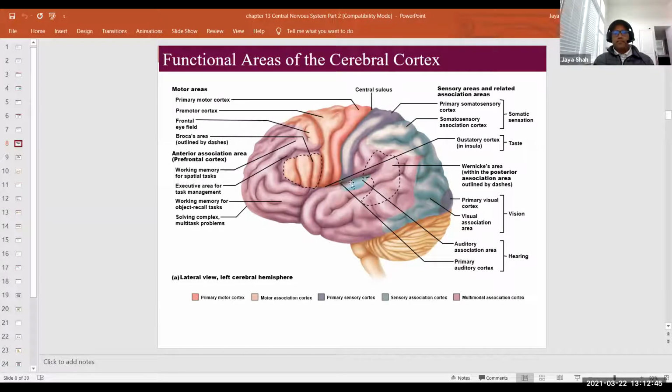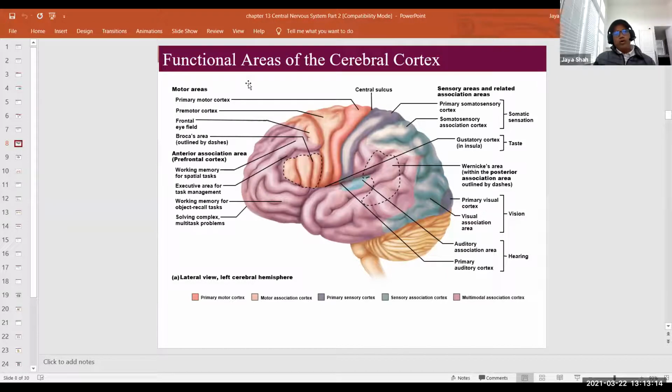And the lateral sulcus separates the temporal lobe from the frontal and parietal lobes. So these different sulci separate the brain into different lobes, and in each lobe there are special functional areas of the brain.